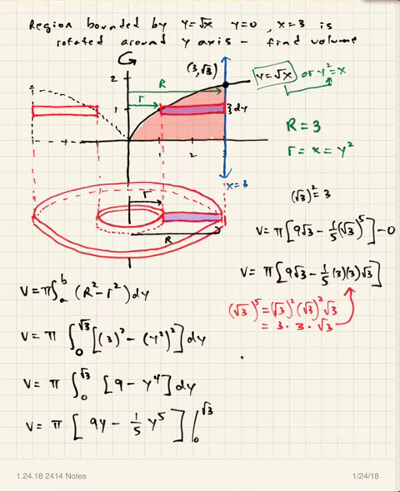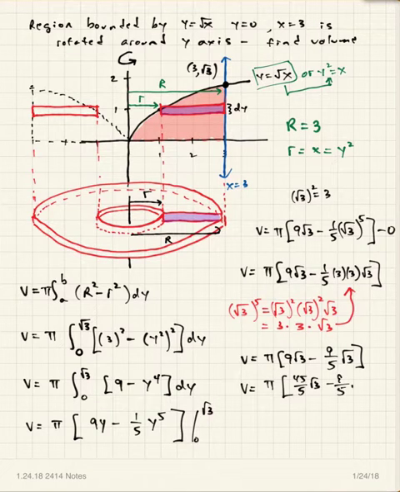All right, so our volume would be pi times 9 square root of 3 minus 9/5 times the square root of 3. And then I'd get a common denominator, which would be 5. So you have 45/5 square root of 3 minus 9/5 square root of 3.